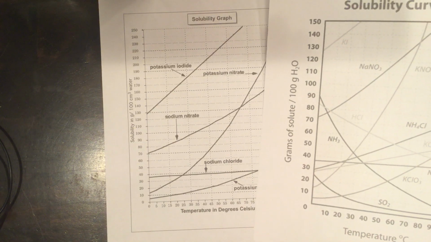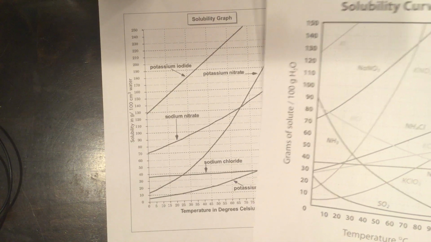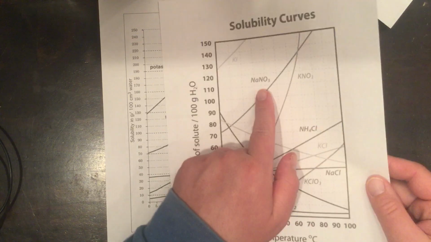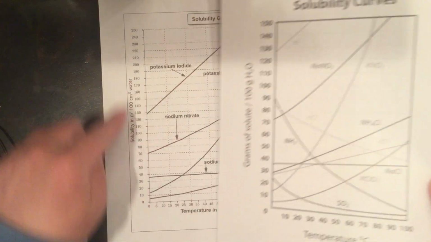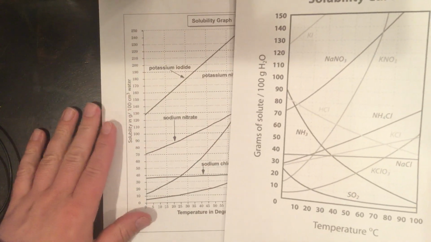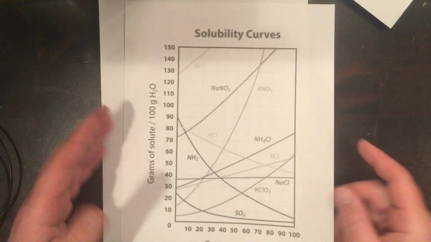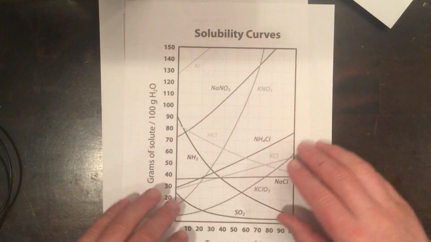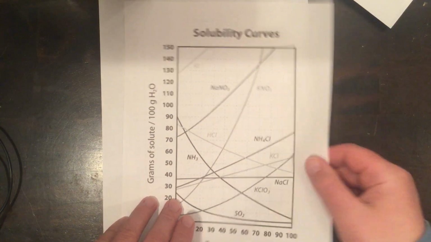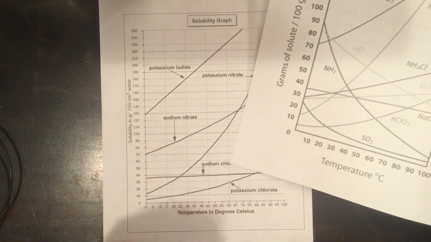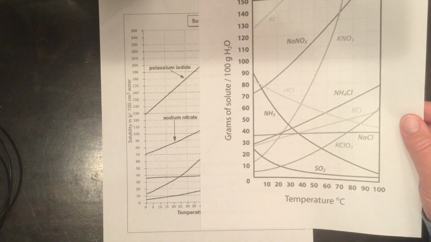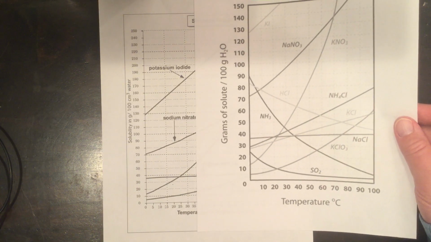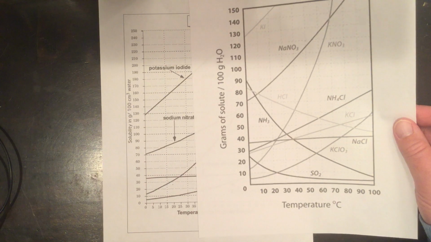Sodium nitrate, the same. This one goes up to 150, this one goes up to 250 grams, so this is kind of a more zoomed in graph. We don't have to have all of the same things, but sometimes we have the same compounds on a bunch of different graphs, depending on what you're trying to look at.